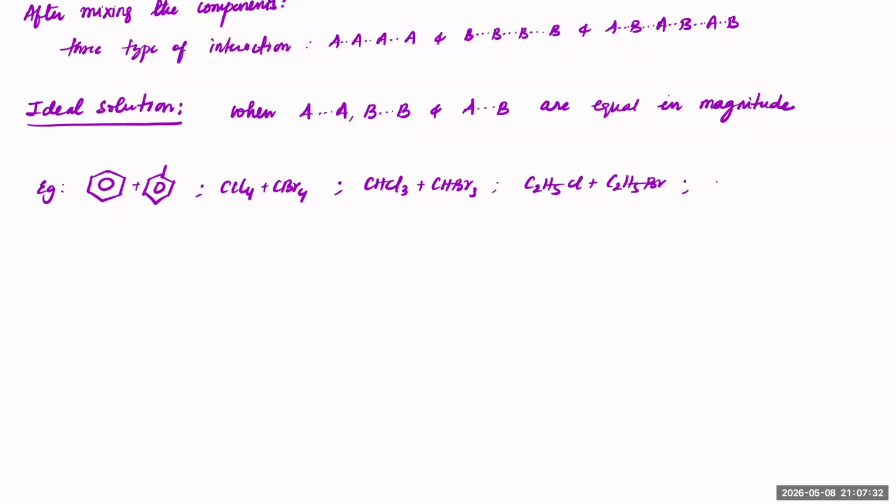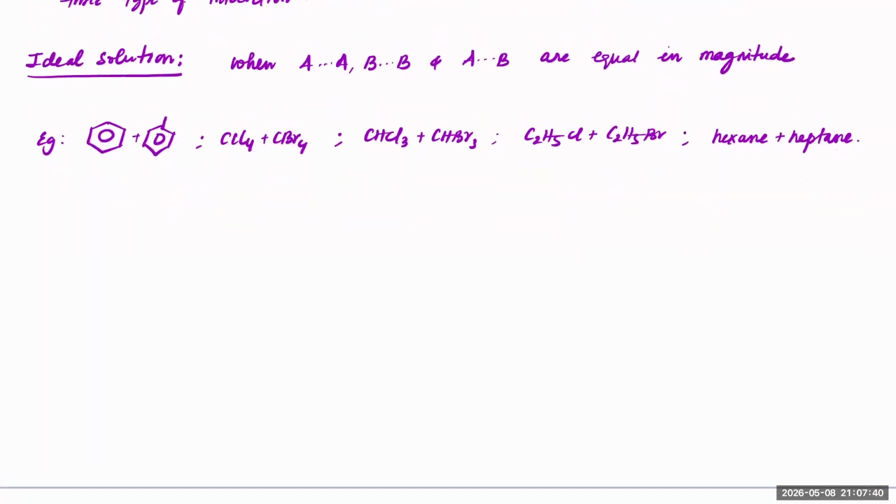Got it? Hexane and heptane, which are very close to each other in terms of their molecular weight as well as the nature of the molecule.